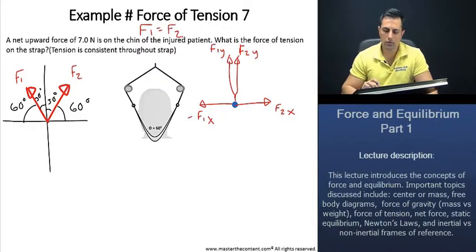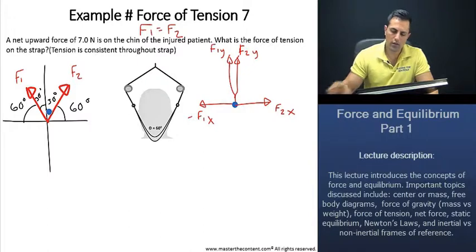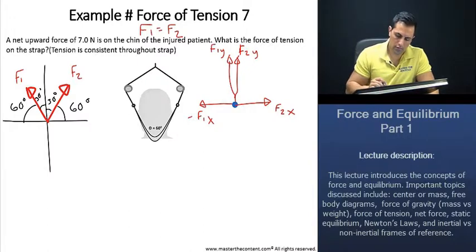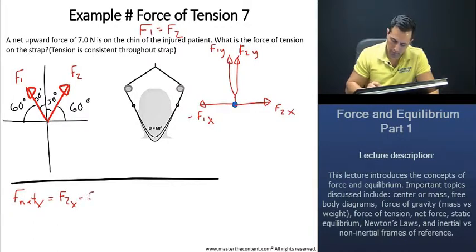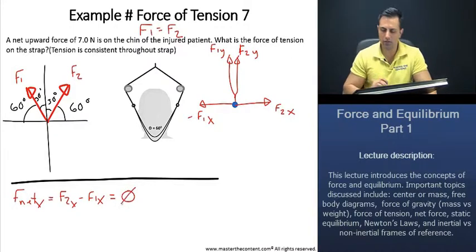Now, because the two forces are equivalent to one another, and the angle within here is exactly the same, we know that our force net x is just going to be the x component of force 2 and the x component of force 1, and we know that that's going to be 0. The net force of the x components.